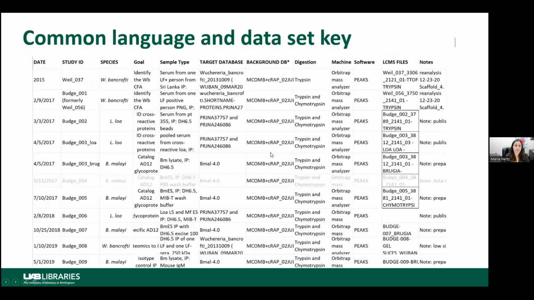This could have been so easily avoided at the onset if they had just established a common language between the two research groups and had a key for the data sets. So now how they do it is that they have a study ID number that's a unique ID number for each experiment. It gives you information about the sample preparation, and then it links to that LCMS protein file at the end.